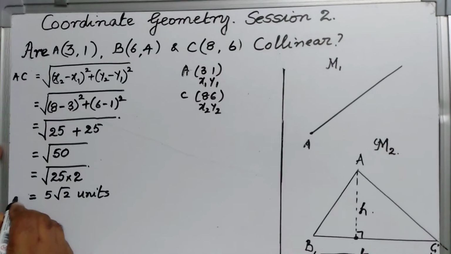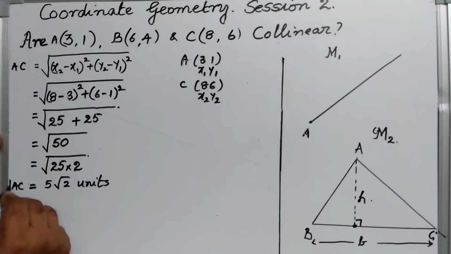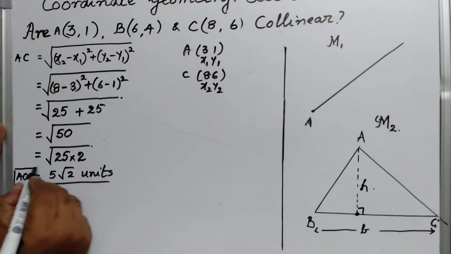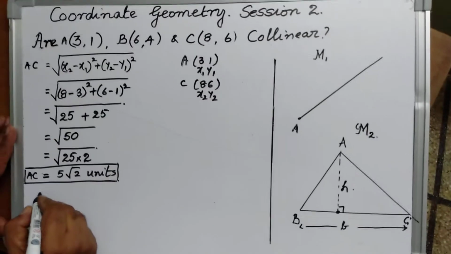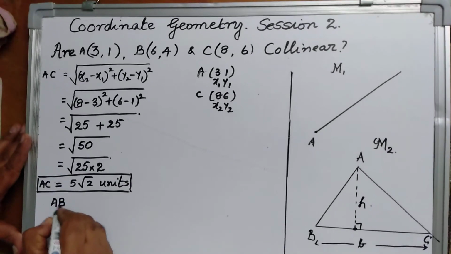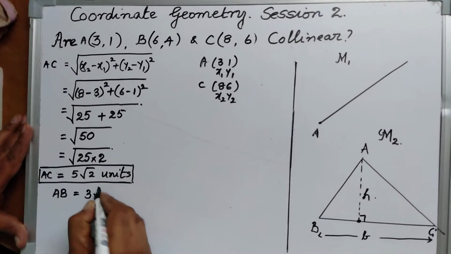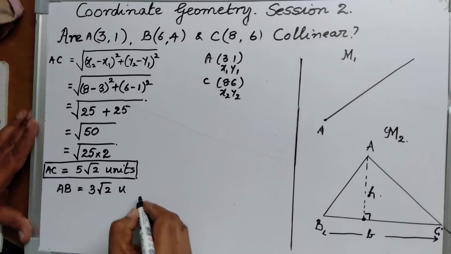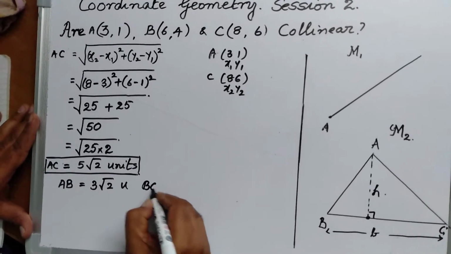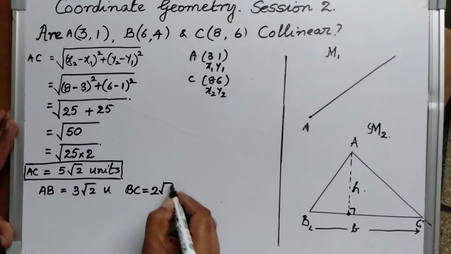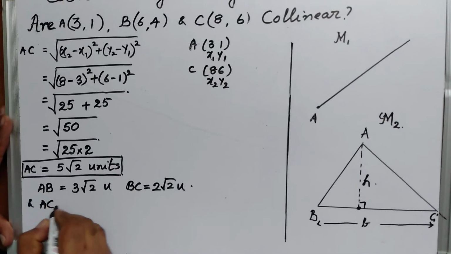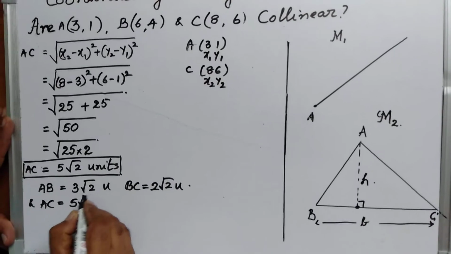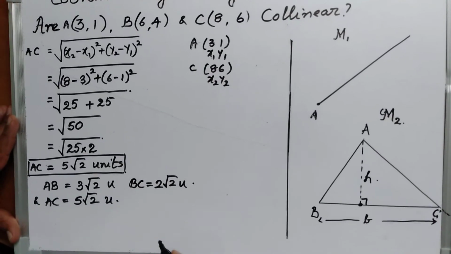So I have found out AB, BC, and AC. AB is equal to 3 root 2 units. BC is equal to 2 root 2 units. And AC is equal to 5 root 2 units.